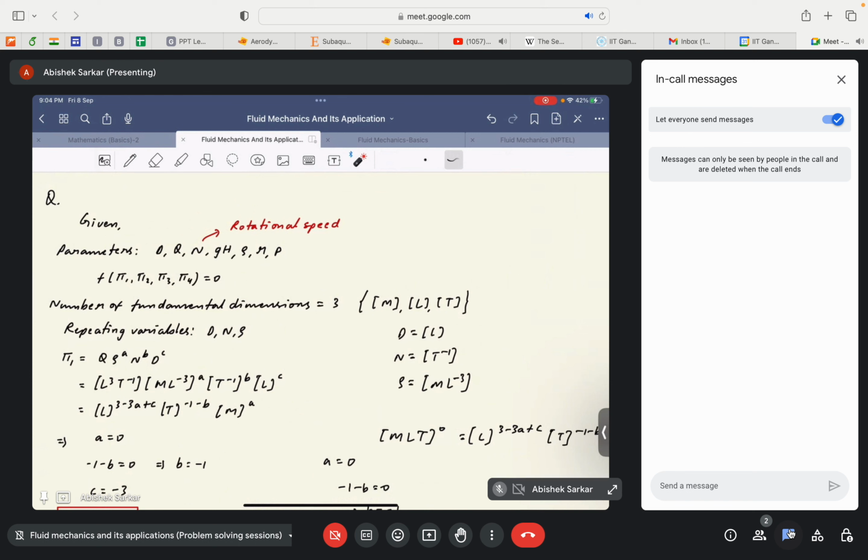Say if you are dealing with a pump, then the rotational speed of the pump, then g into h, it's again one parameter as mentioned here, rho, mu and P.